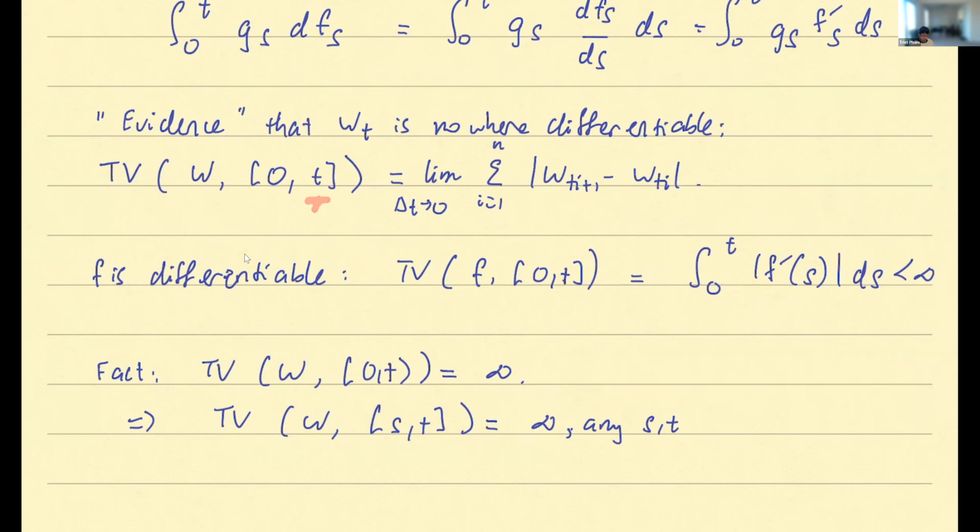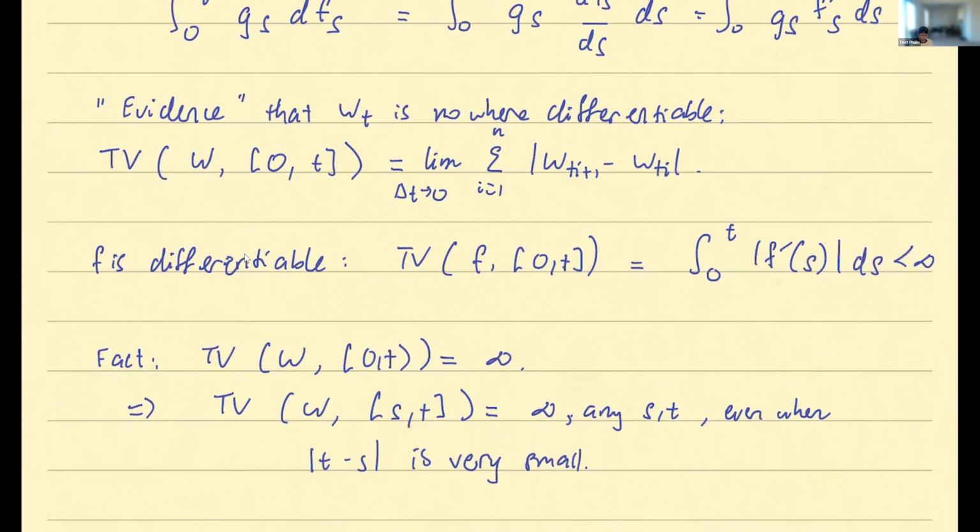What that means is, no matter how close s and t are, doesn't matter how small t is, or how close s is to t, this will be infinite. So that's strange.